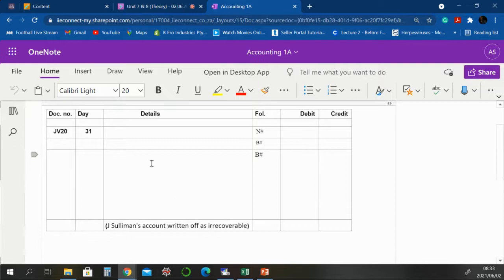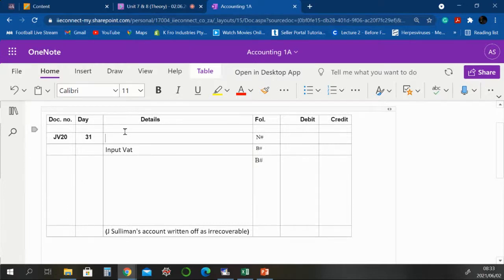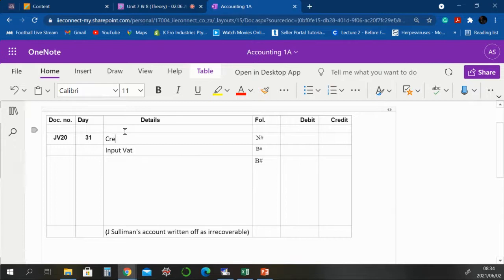So we know input VAT is an asset, and we know we're obviously then going to debit input VAT. And then we said earlier that we are also going to use bad debts or credit losses. I'm actually just going to put both, just so that you guys know that you can use either one.